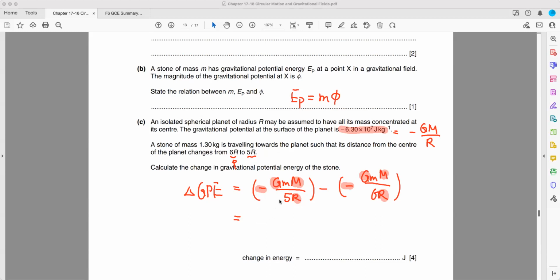So for this one, the final GPE will be negative 6.30 times 10 to the power 7 divided by 5 and then times the mass of that object, 1.30, and then minus negative 6.30 times 10 to the power 7 divided by 6 times 1.30.